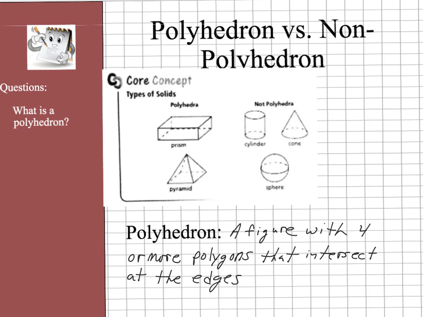Okay, a polyhedron has flat surfaces. So a pyramid, prism, those have flat sides, right? All the sides are flat. Whereas a cylinder, a cone, a sphere all have rounded faces or curved faces. And so those are not polyhedrons. Those are non-polyhedrons.